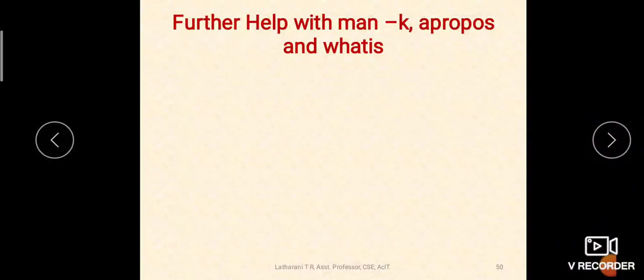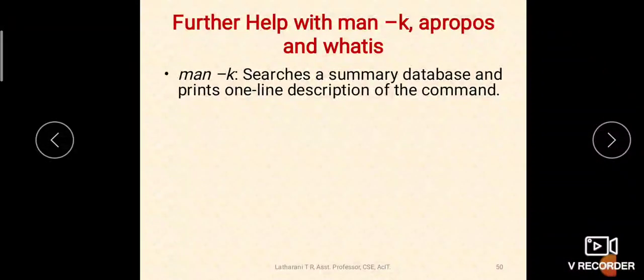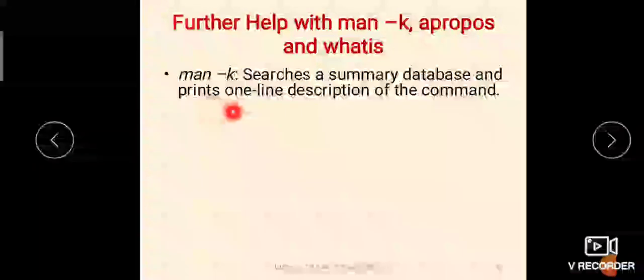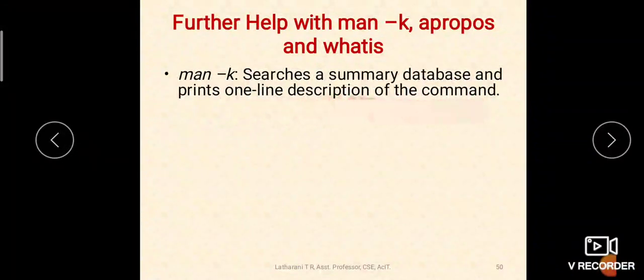Further help is available with man -k, apropos and whatis. Here you can see further extensions of the man command. What will man with the -k option do? It searches the summary database and prints a one-line description of the command.